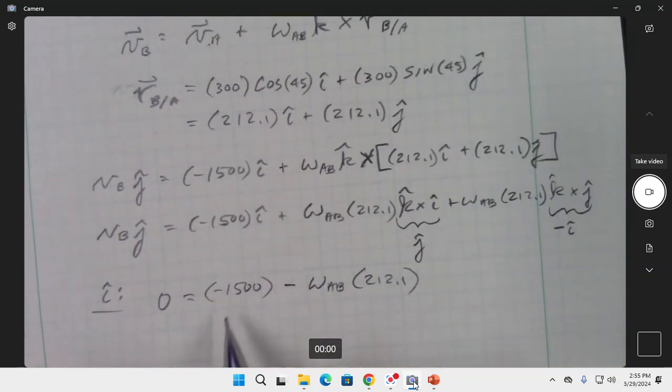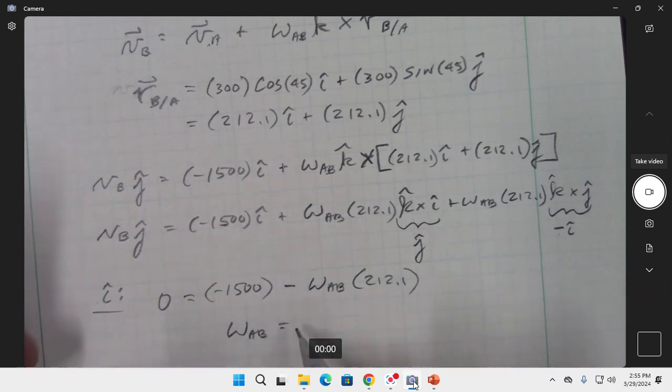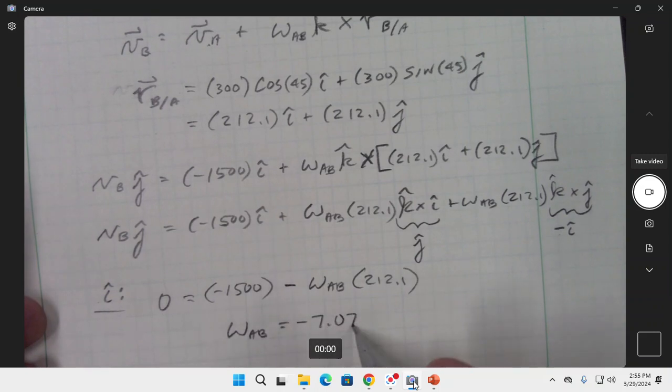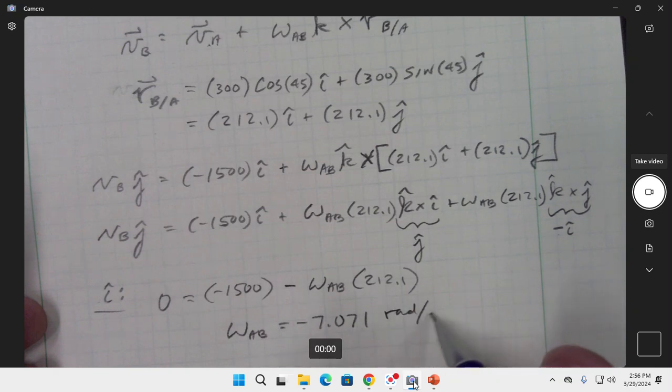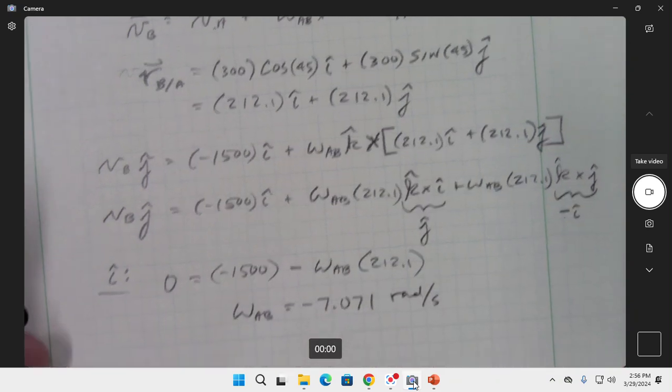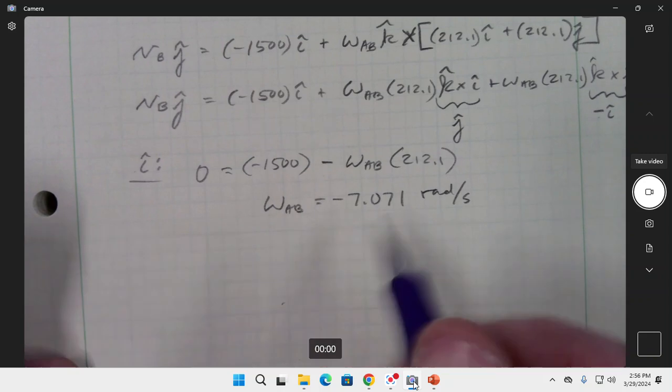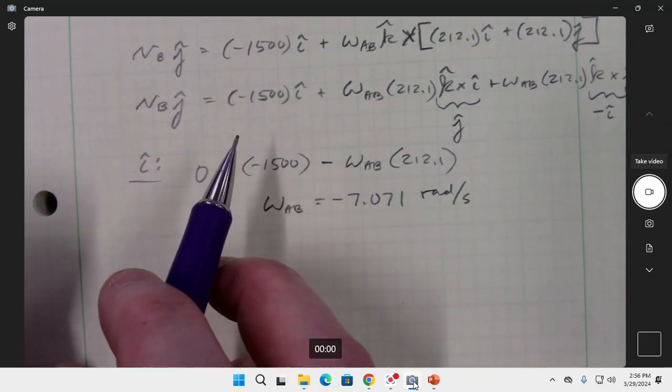All right, and so omega AB is going to be 1,500 over 212.1, the same thing we got before, right? In radians per second.